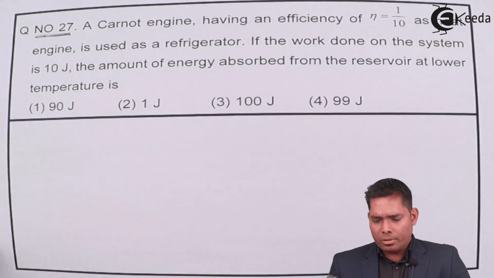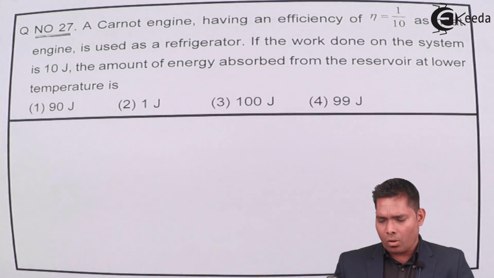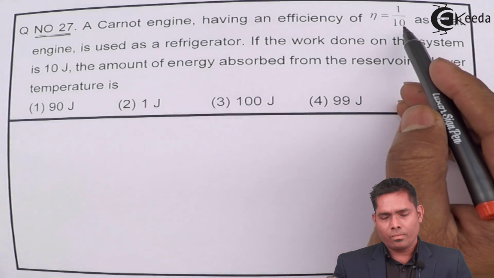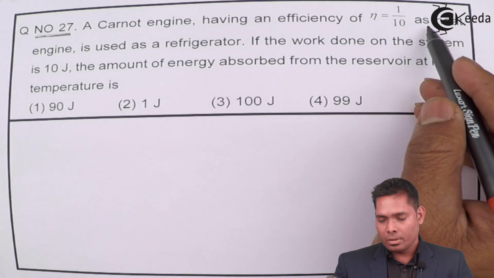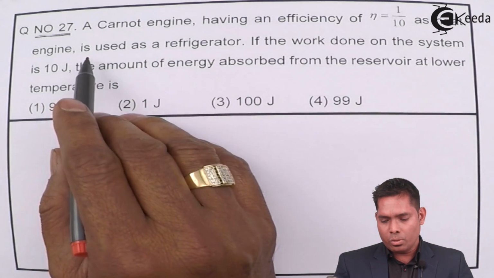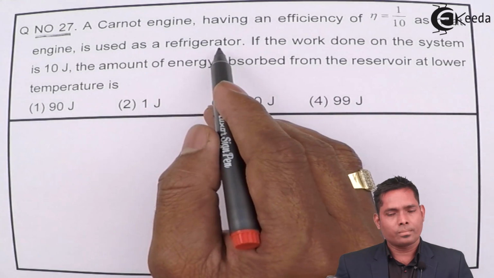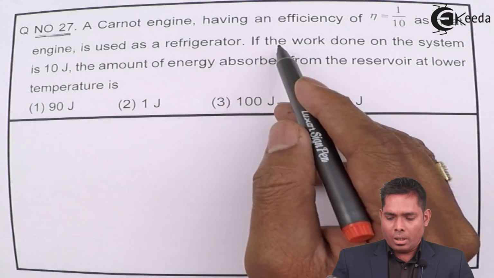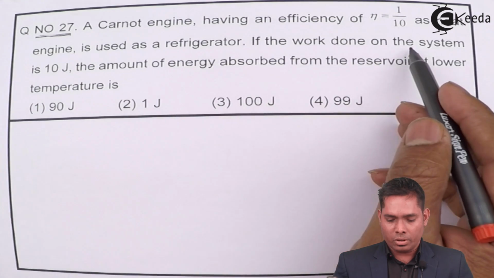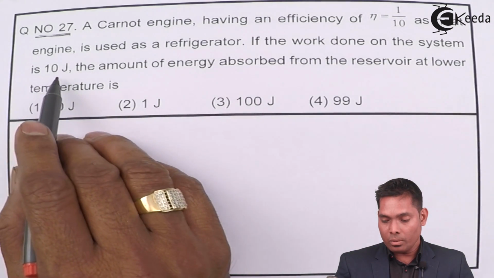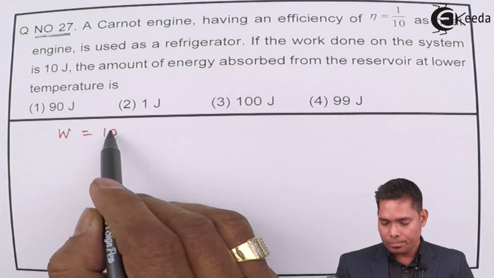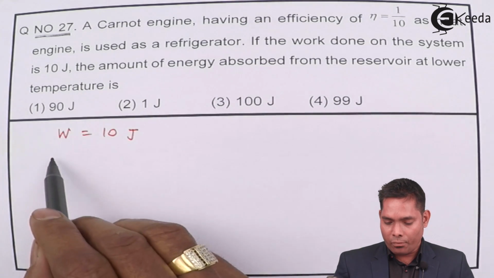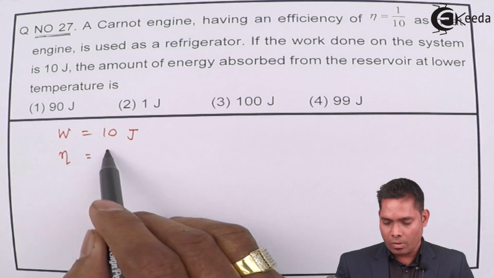A Carnot engine having an efficiency of 1 upon 10 as heat engine is used as a refrigerator. If the work done on the system is 10 joule, efficiency of heat engine is 1 over 10.